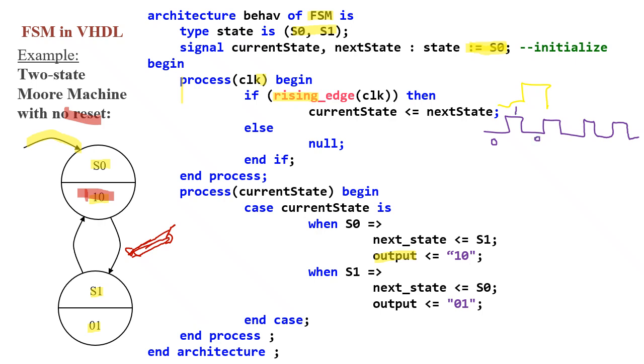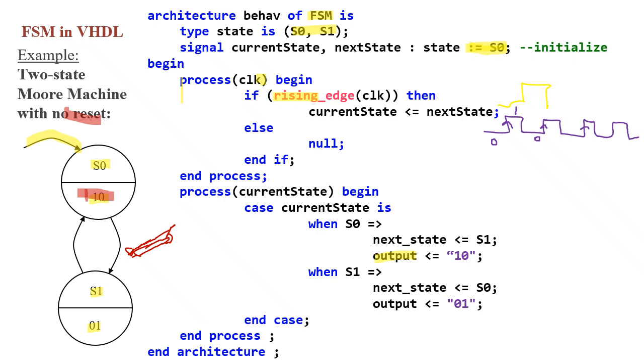For the code that we have here, we're simply saying only update the current state at this particular moment in time, when the clock goes from low to high. So we're saying if rising edge clock. You could change rising to falling accordingly. I'm going to keep it rising for this example.